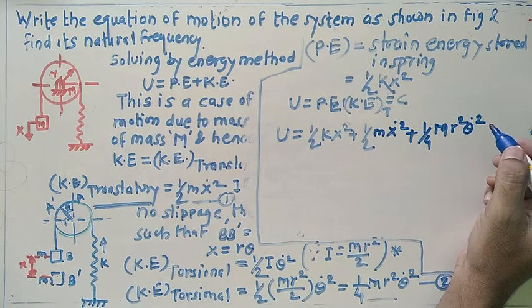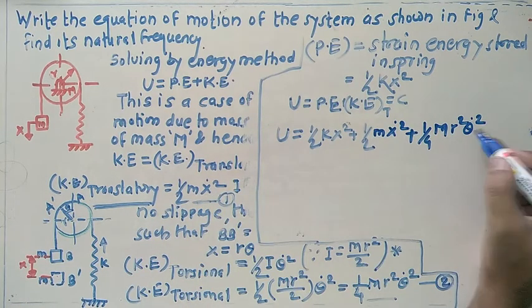If you look towards this, x single dot is here and theta single dot is here.